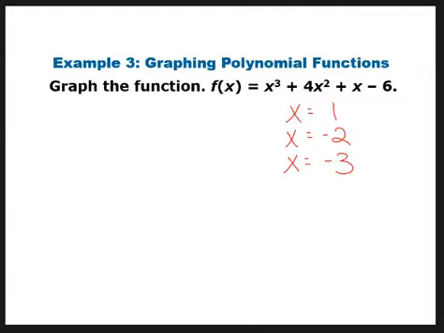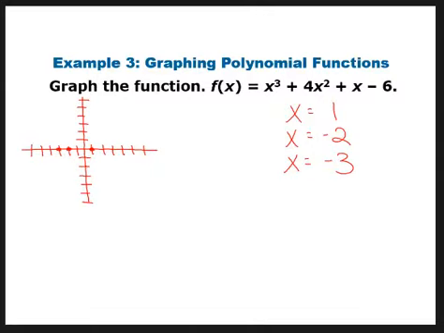So now let's go back to my graph here I was trying to make. 1, 2, 3, 4, 5, 6. Okay, so now that I have this straightened out a little bit, 1, -2, and -3 would be my roots.